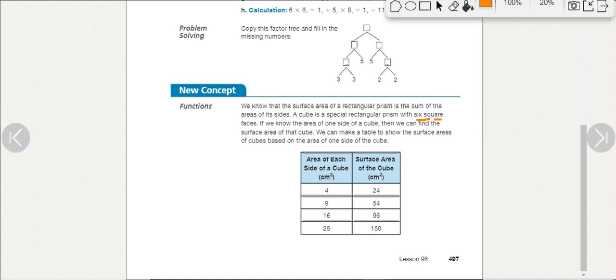And we know the area of one square is just side squared because both sides are the same. That's one face. Well, there's 6 faces. So we can find the surface area of the cube by saying side squared times 6, I guess.